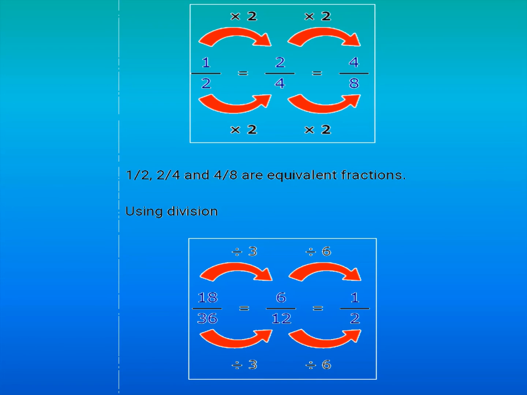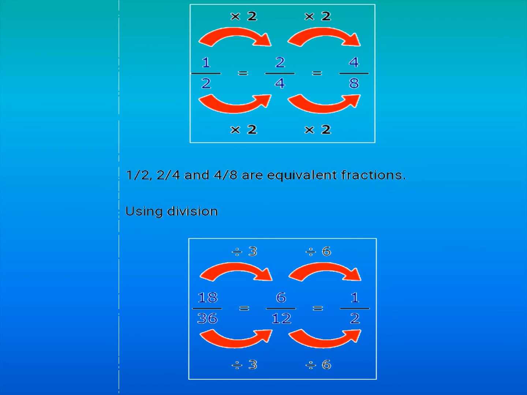Another example is how to get equivalent fraction when there is one blank given to you. Suppose 18 upon 36, and we have to make the lowest term of it. So what we shall do, we shall divide.